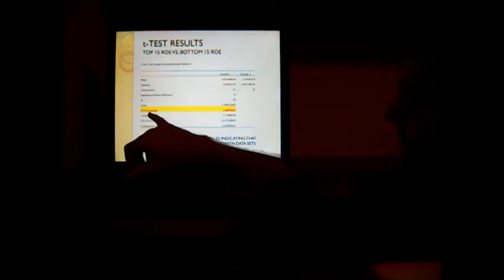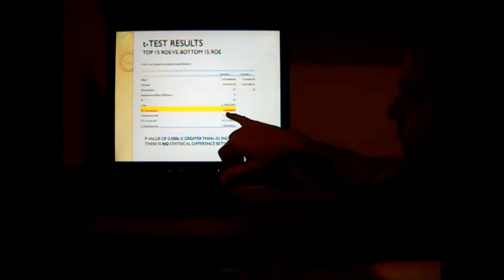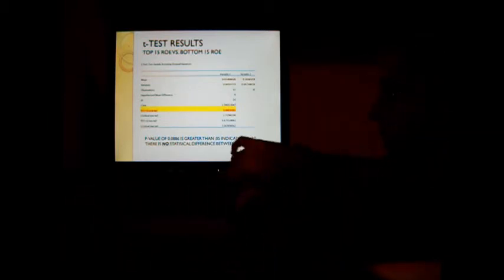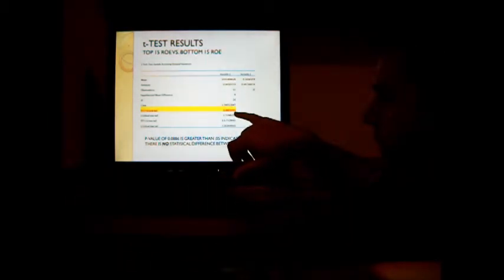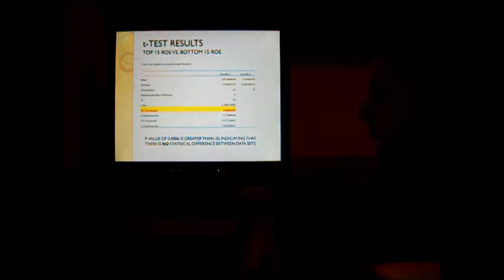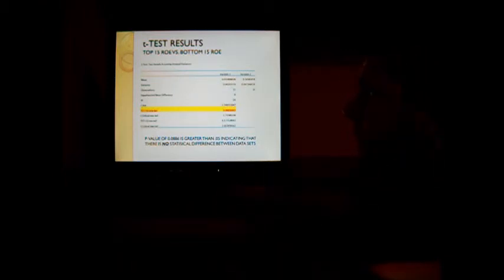After running this analysis, we see that the p-value is 0.08, which is greater than 0.05. We would need a p-value below 0.05 to indicate a statistical difference between the two groupings. Since our p-value of 0.08 is greater than 0.05, this indicates there is no statistical difference between the two data sets, and it disproved our hypothesis right there.